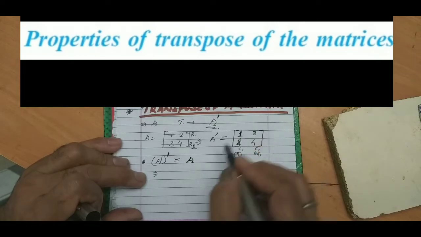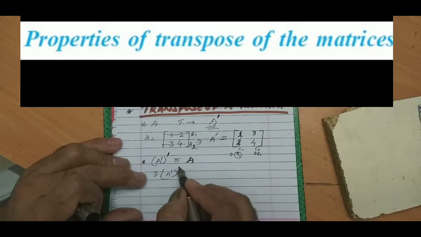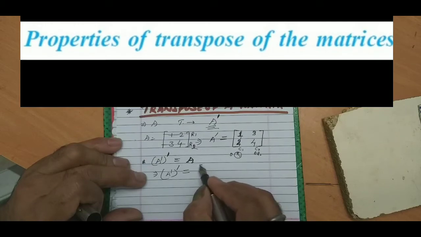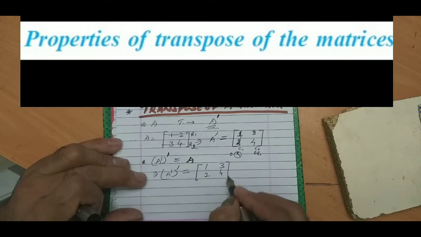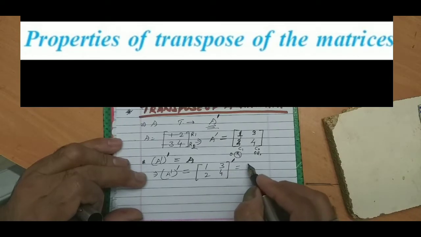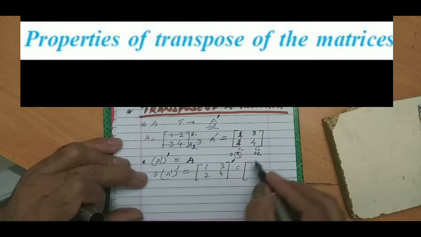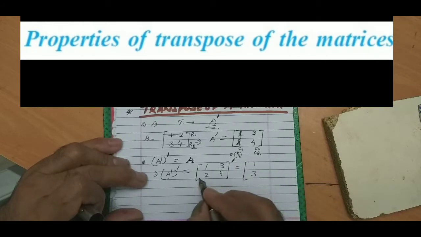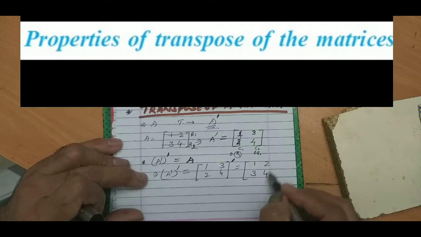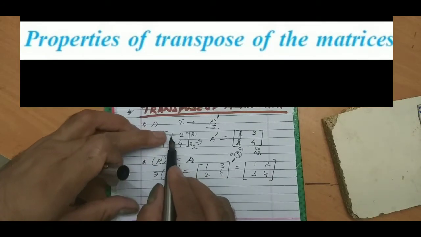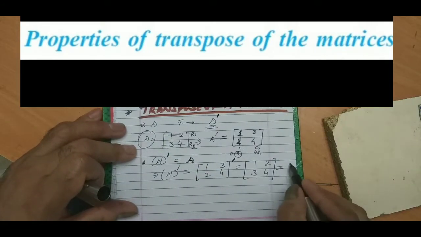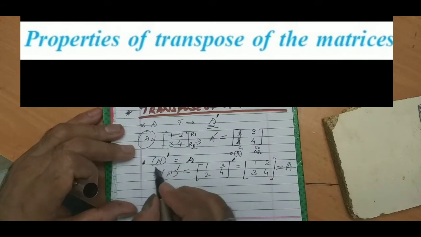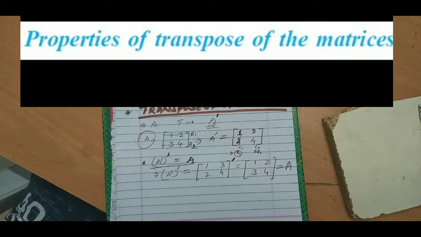Let us take the transpose of this, denoted by transpose of transpose, and then 1, 3, I am writing just the same matrix, and then we are taking the transpose of this, which is equal to, this row becomes column 1, 3, this row becomes second column 2 and 4. Now look at the beginning, that is 1, 2, 3, 4, 1, 2, 3, 4, same only. So that is equal to A. So this matrix is equal to matrix A. So that means transpose of transpose is the matrix itself.